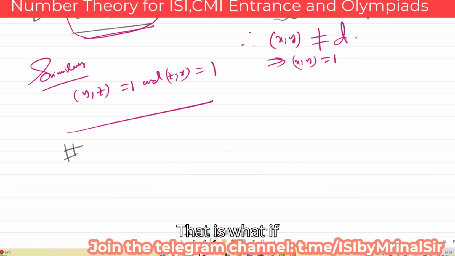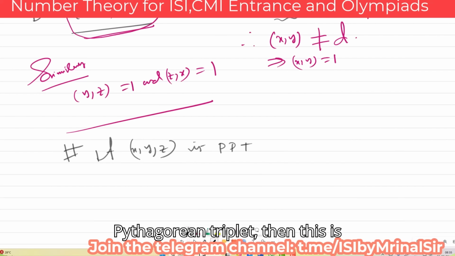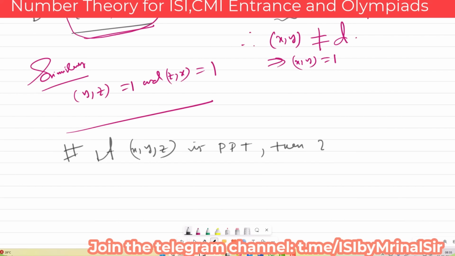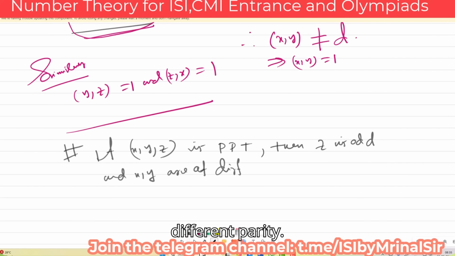If x, y, z is a PPT, then, and this is very important, very interesting, z is odd and x, y are of different parity.